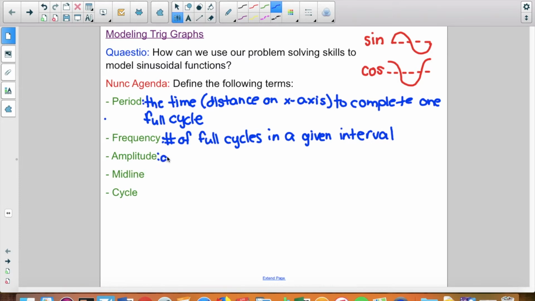The amplitude is the distance from the midline to the max or min. So looking at what we have here, the amplitude would be this distance, or any of these.